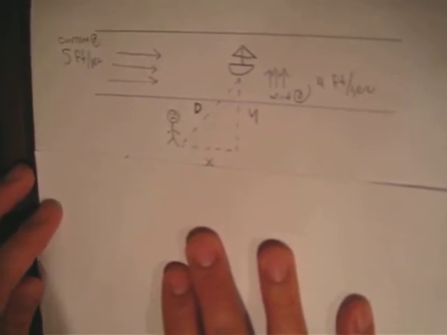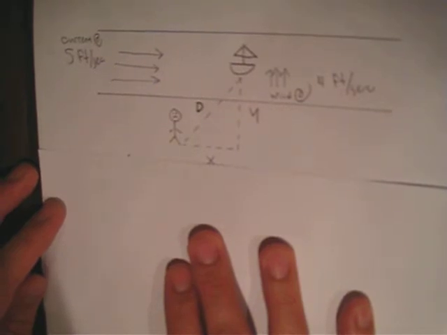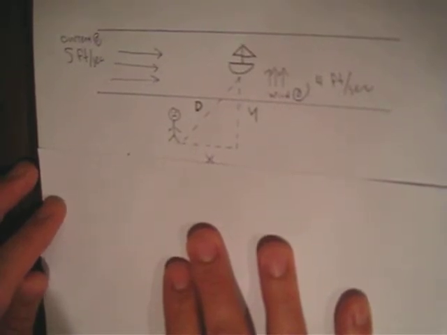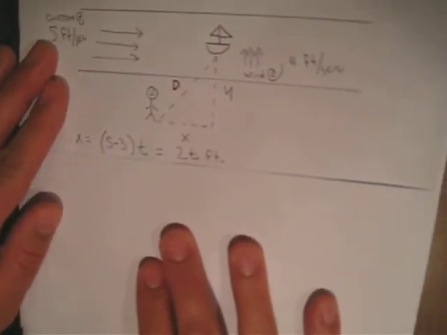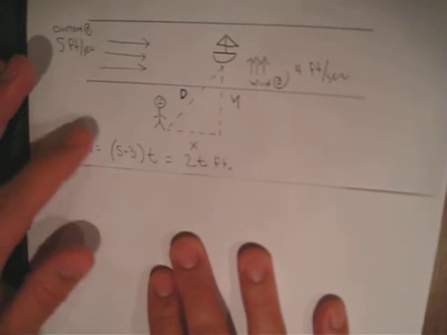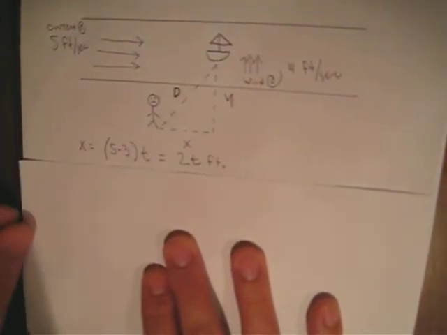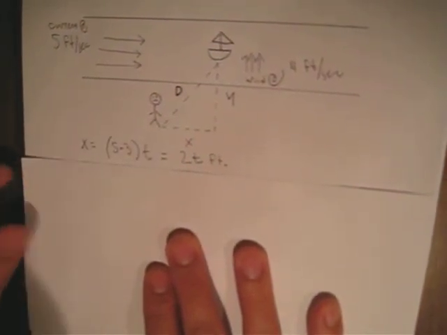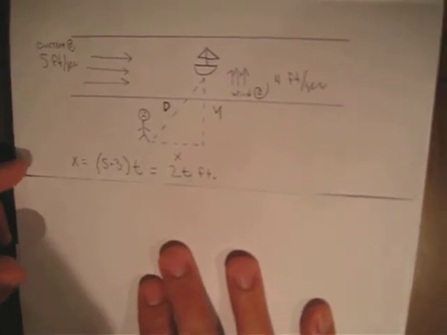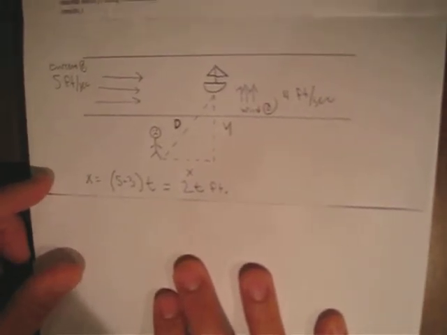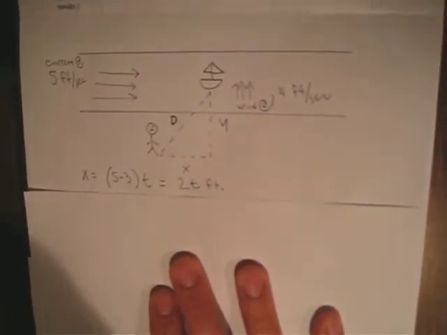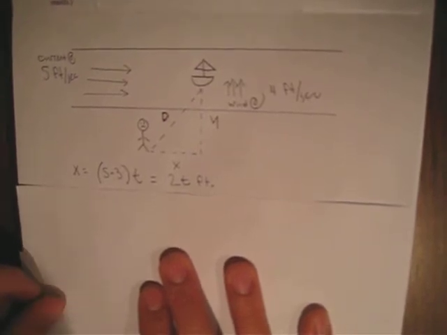Anyhow, the first step is to come up with functions of x, y, and d. First of all, we can get functions of x and y with respect to time pretty easily here. x is going to equal 5t minus 3t, which equals 2t feet. So basically that's saying at any given time, x is moving at 2 feet per second.